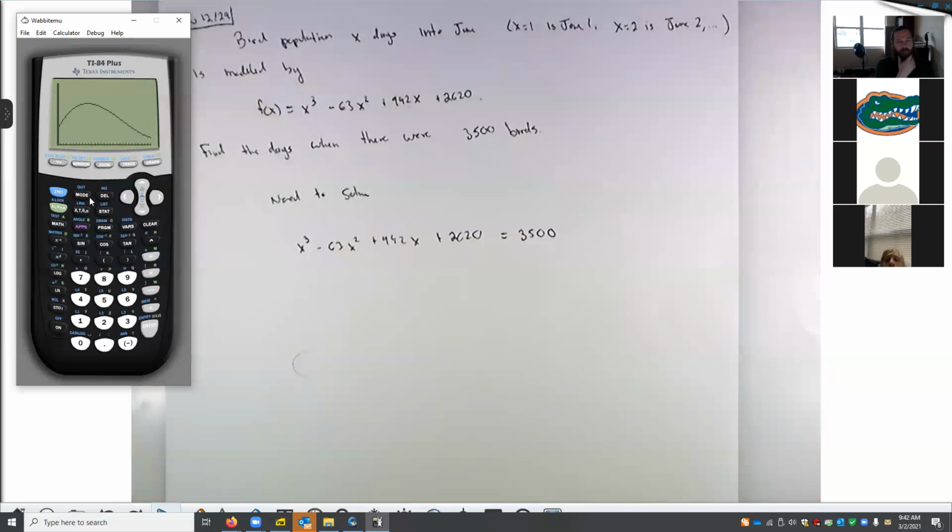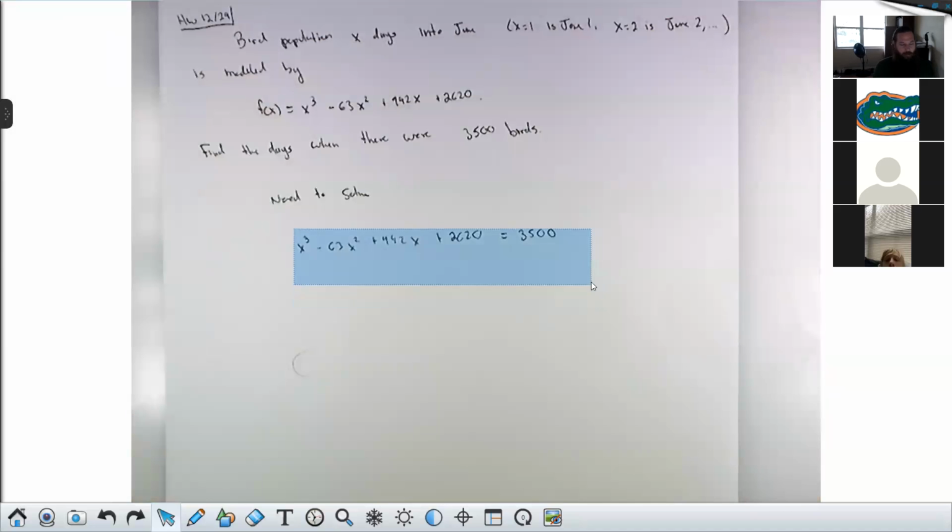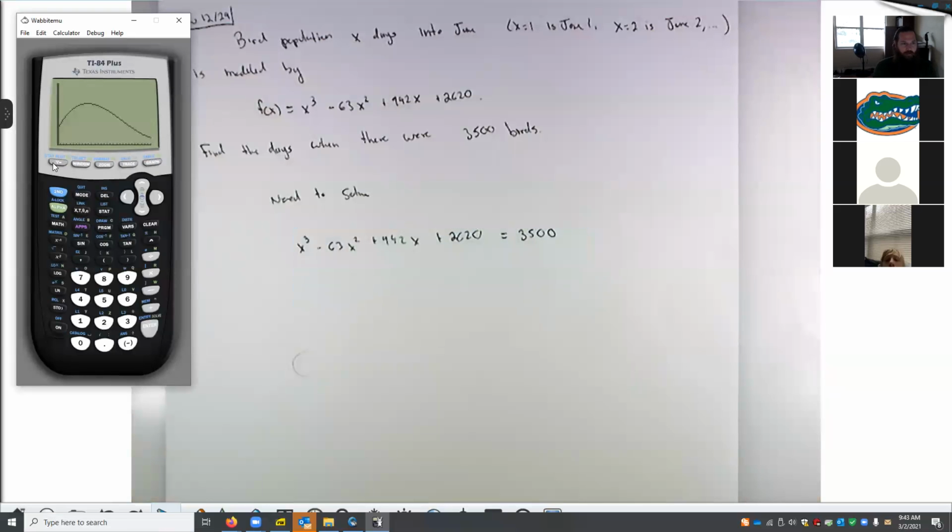That's what we're trying to do. We're trying to solve this equation, and we can solve it graphically a bunch of different ways. One of the ways is like Mark was saying here. I enter my function, I hit y equals, and then I can come over to a table and scroll around and see when the y values get to 3,500.